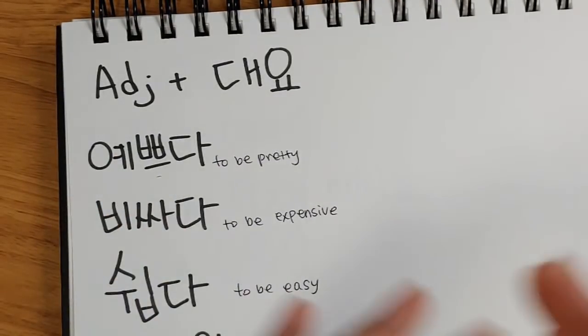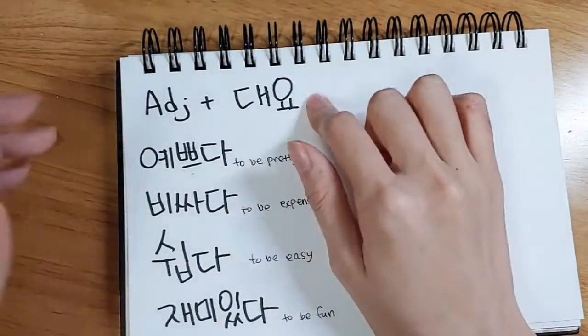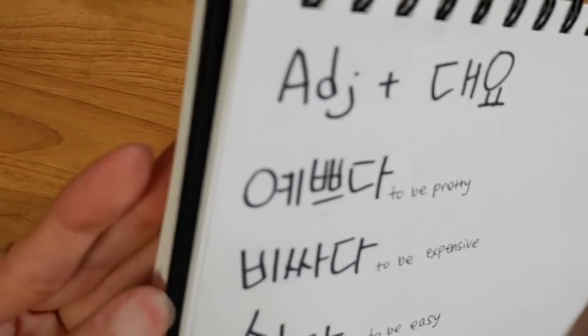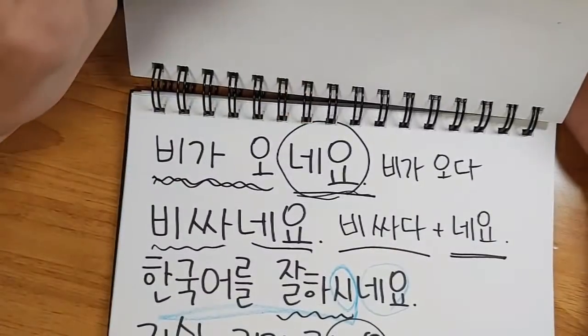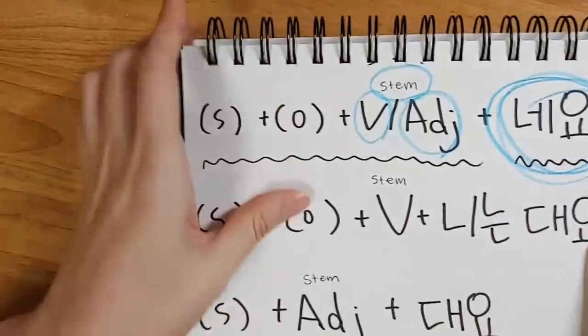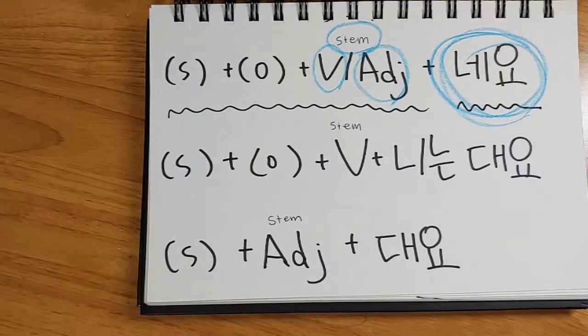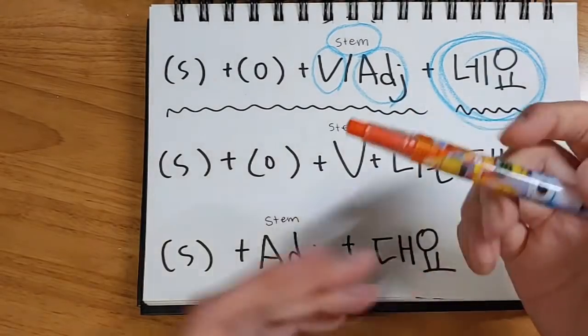It's not super difficult to understand 네요, but for 대요, it gets a little complicated because the rule differs when it's a verb and when it's an adjective. So as for 대요, let's use the orange pencil, how do you call this?